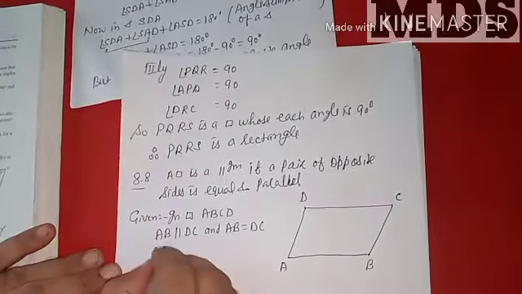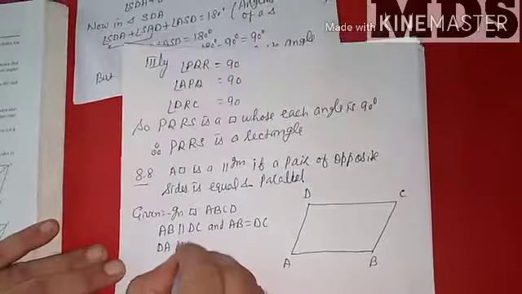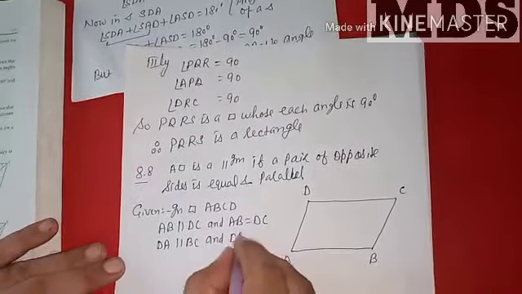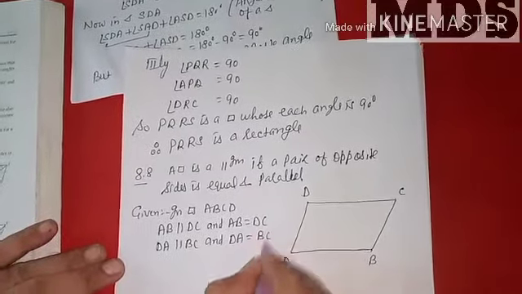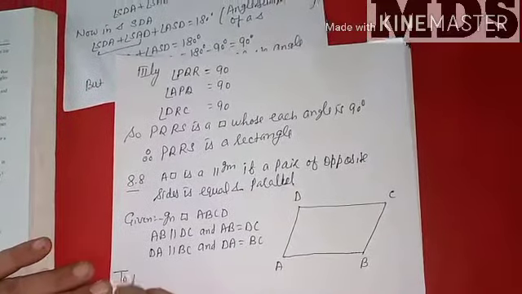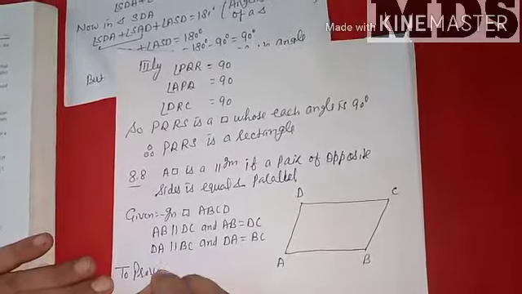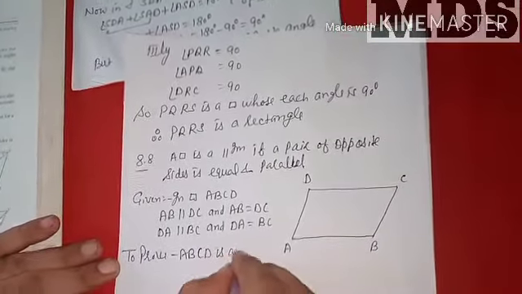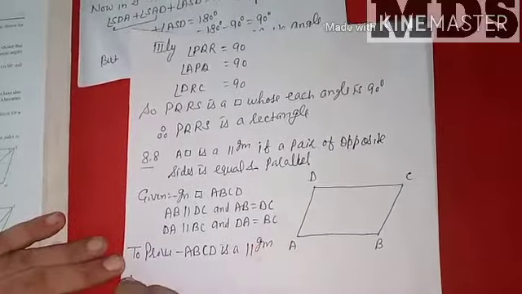Similarly DA is parallel to BC and DA equal to BC. To prove ABCD is a parallelogram. Proof.